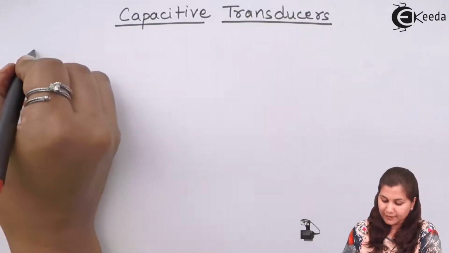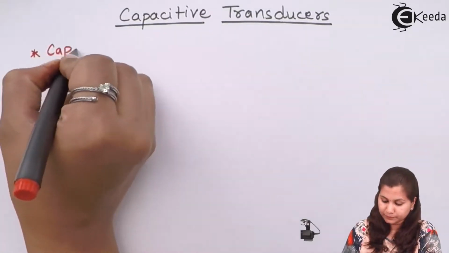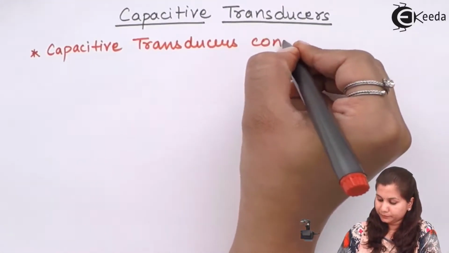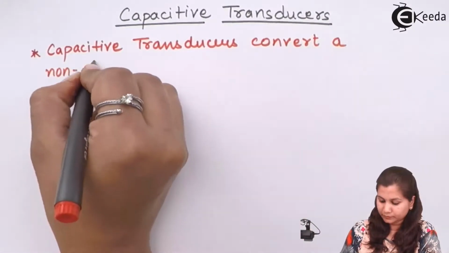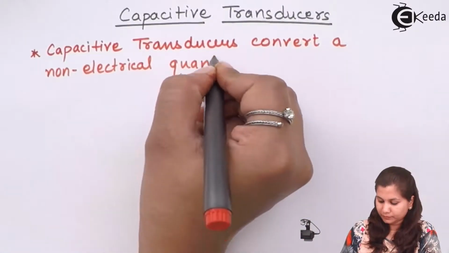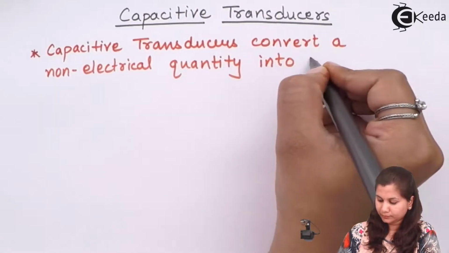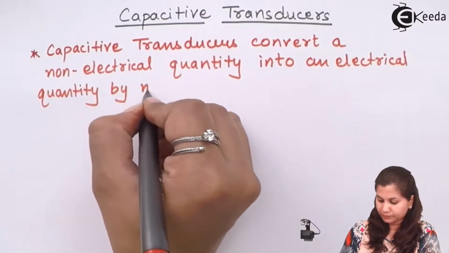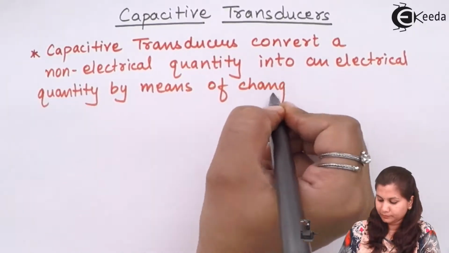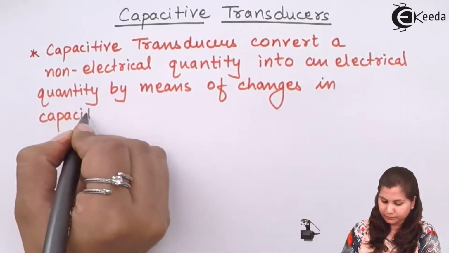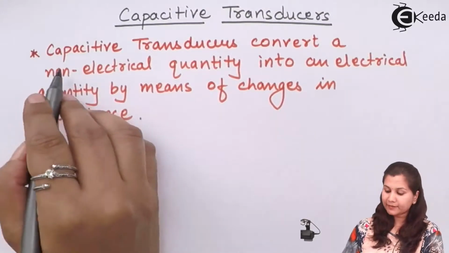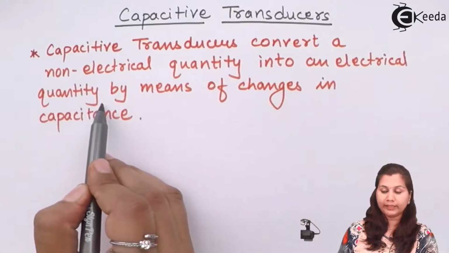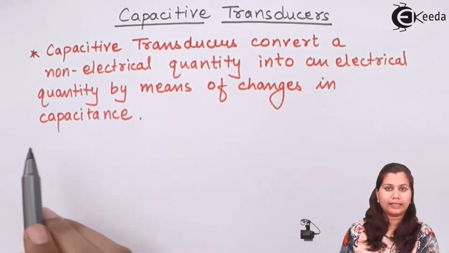Okay, so capacitive transducers convert a non-electrical quantity into an electrical quantity by means of changes in the capacitance.